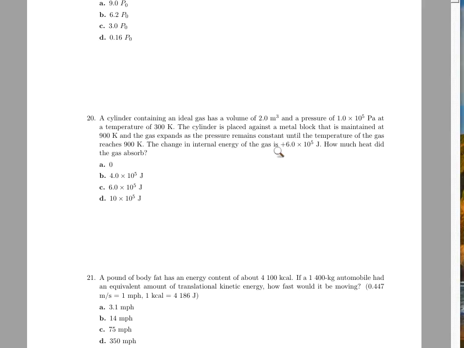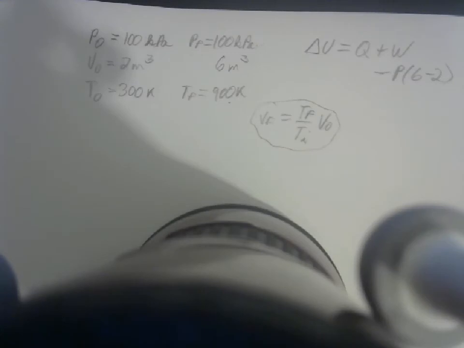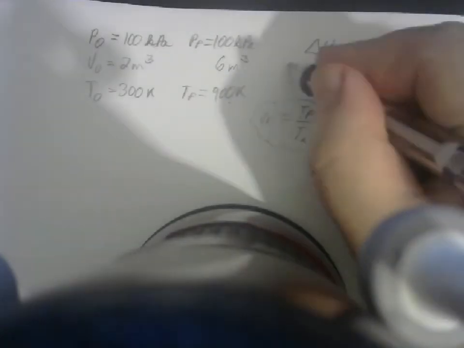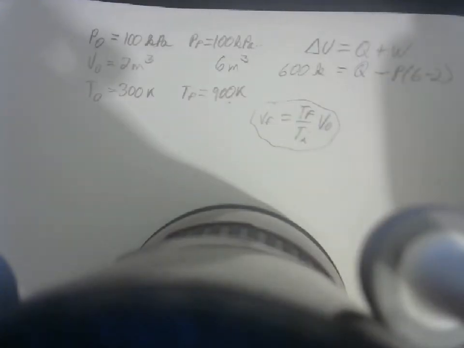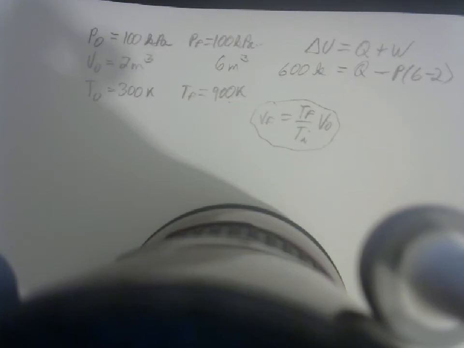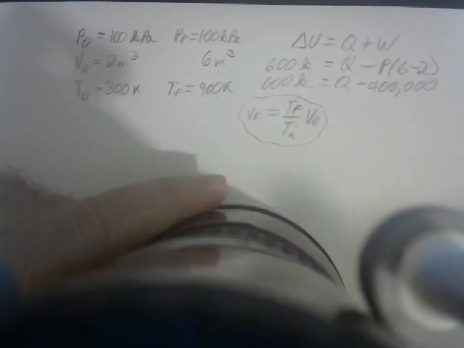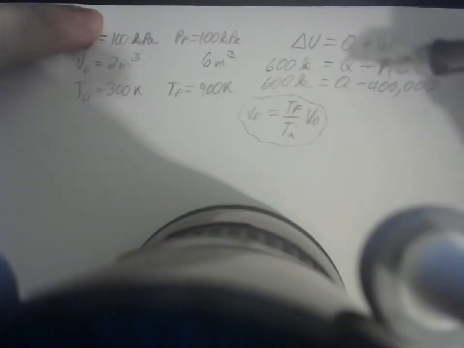And also they give us the change in internal energy of the gas is 600,000. So I will go ahead and write that here. 600,000 equals Q minus the work done in growing the gas, which in this case is 100,000 pascals times 4.